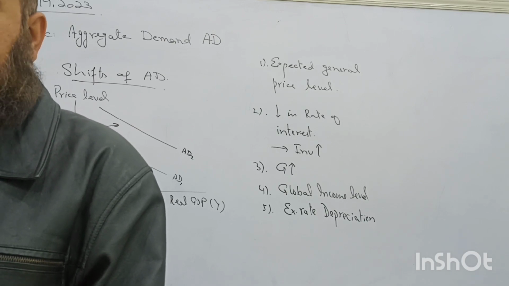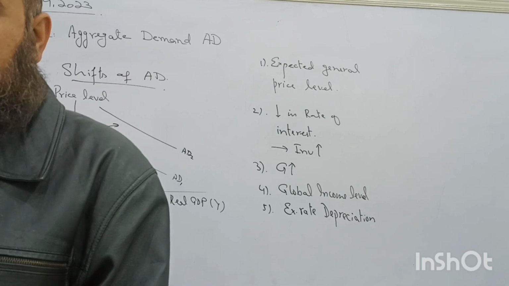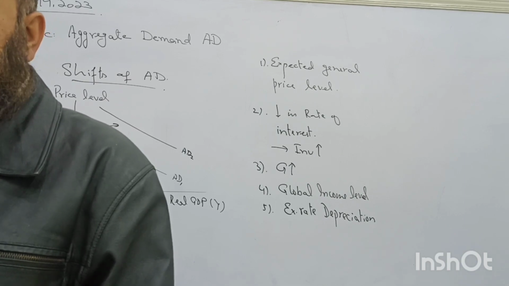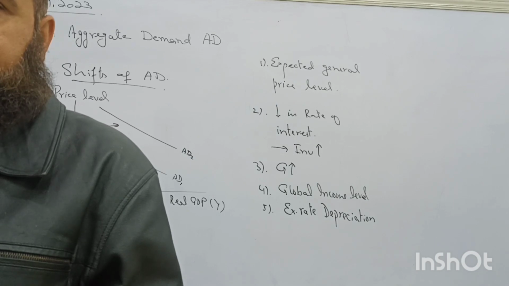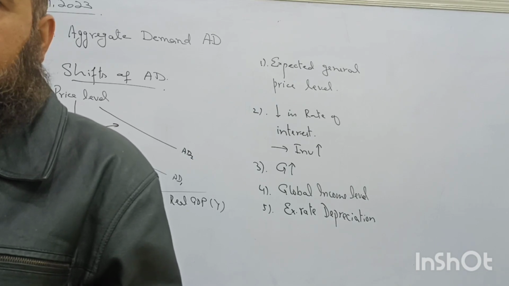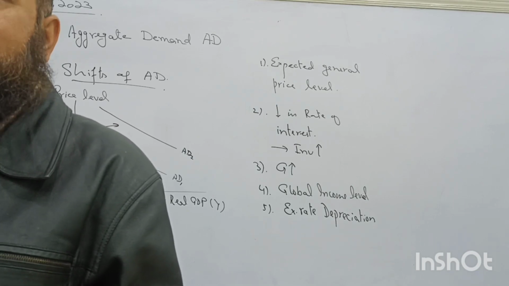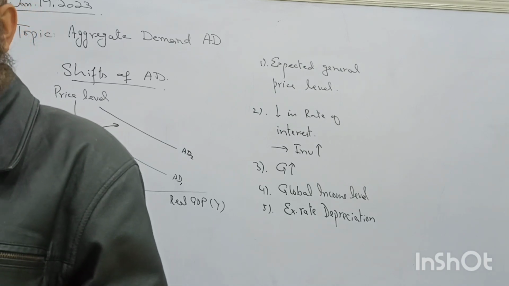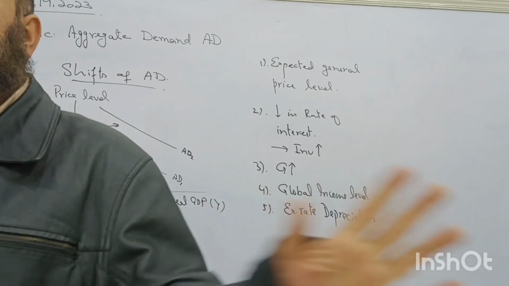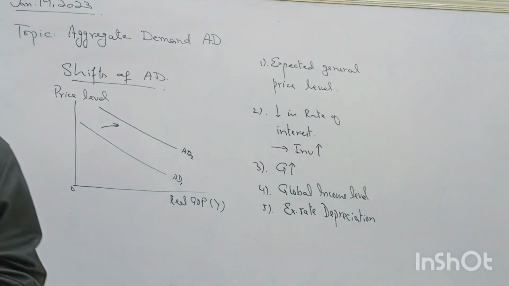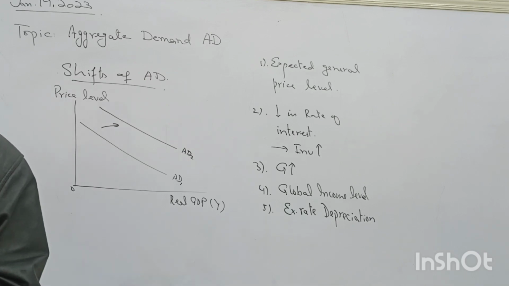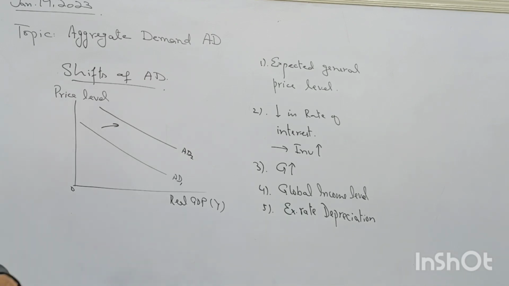When our currency is becoming weaker against the dollar, against pound sterling, in other words their currencies are appreciating, so they have to pay less to buy our goods in terms of their own currency, so they will increase demand for our exports. So again aggregate demand will shift rightward. It will also decrease our imports.